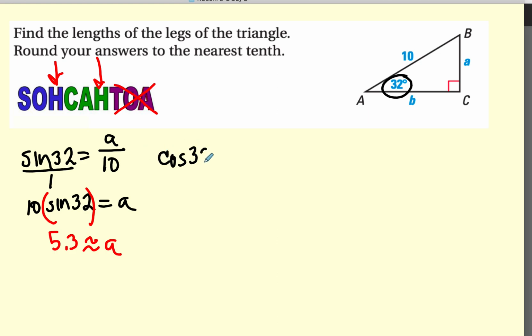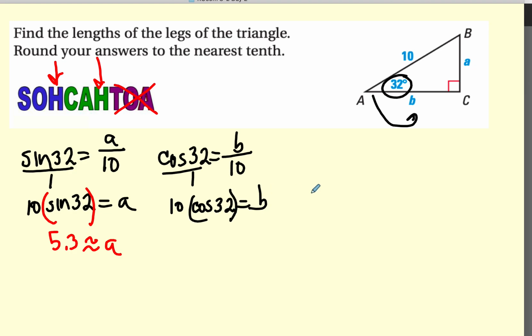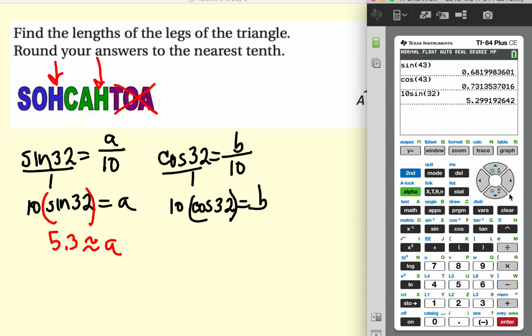Now let's go ahead and use cosine. Cosine of 32 is equal to, now here's 32, the cosine is adjacent, which is B, over the hypotenuse, which is 10. Make it look like a proportion, cross multiply. Don't worry about the calculator at this point, just get everything to one side. Remember, this thing the calculator can figure out for us. And so that'll be 10 times cosine of 32, parentheses, enter.